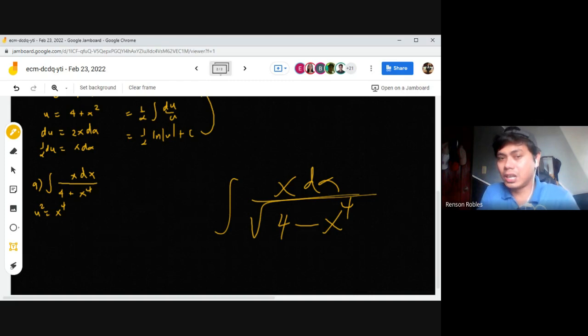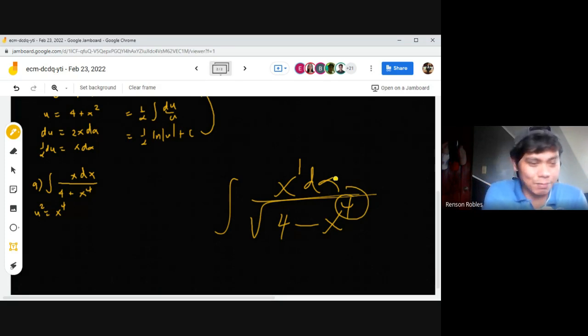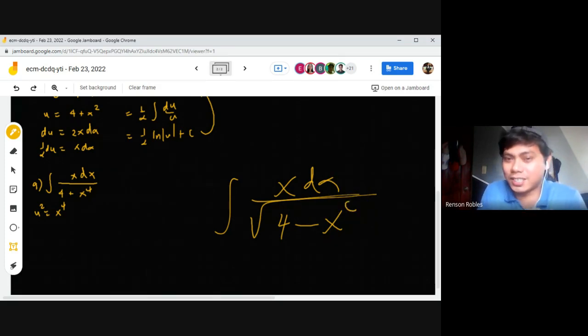So still, ang combination ng powers nyo are 1 and 4. Okay? Let me explore on that. Let us explore here. If this is 6, what's the power of x here? To make it arcsine. Going to arcsine, ha? Going to arcsine.